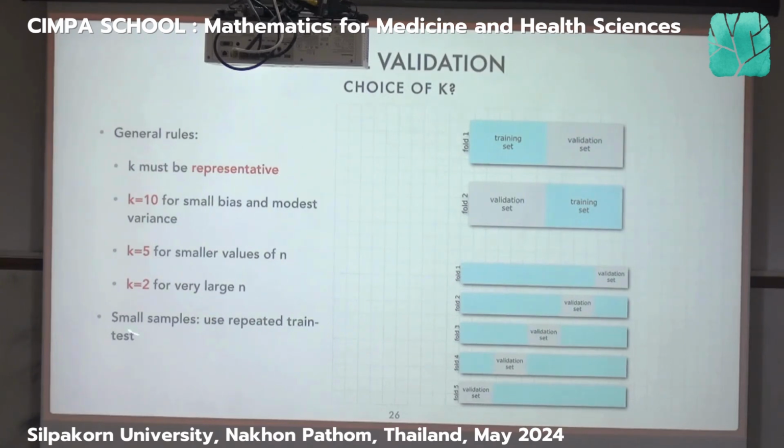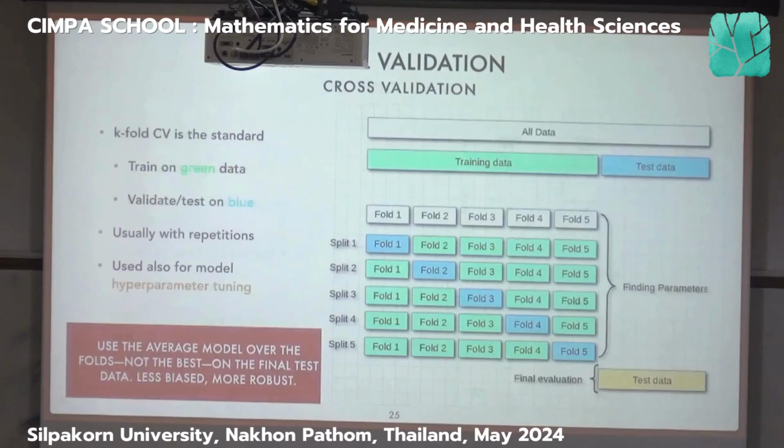And if you have small samples, in general you use what's called repeated train-tests. You take this setup, K equals 5, and you repeat it 5 times. When you do repetitions, you don't choose exactly the same data.